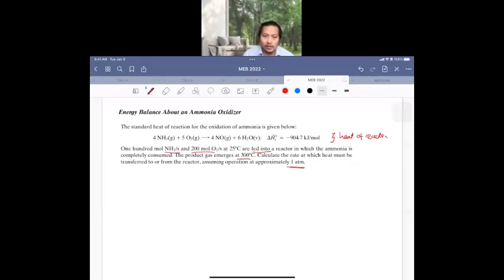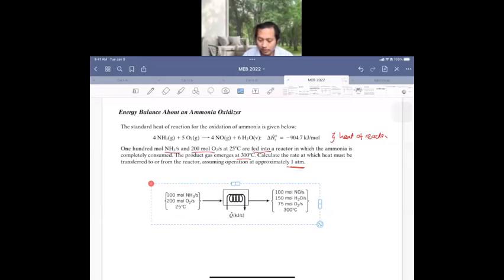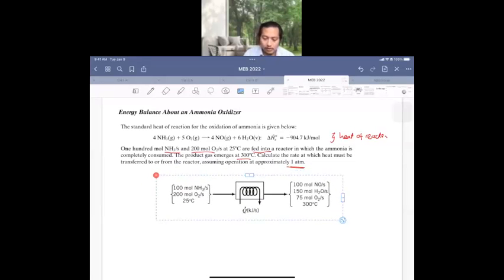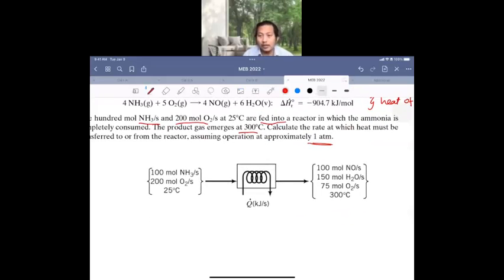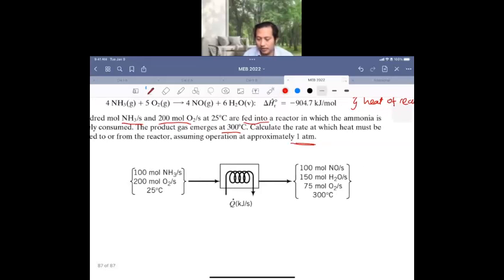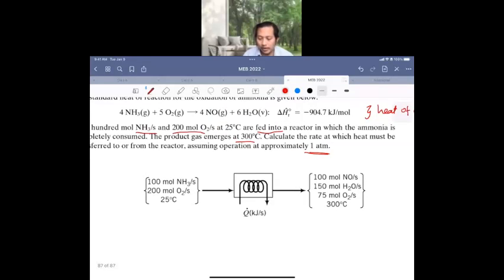Now, to start off these questions, we are going to make a diagram as usual, and label all the components. So the ammonia and oxygen, 100 mole and 200 mole, as mentioned in the given information.